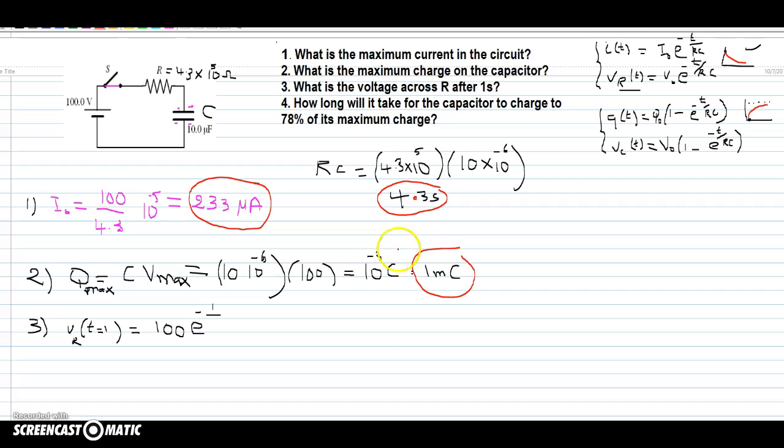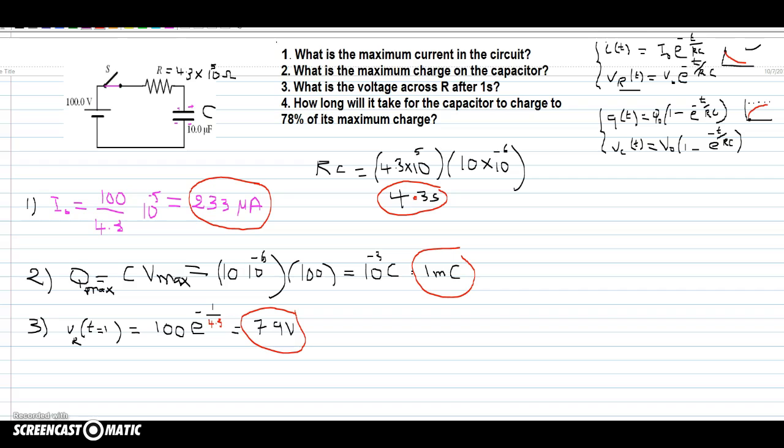All right. Now, so I'm going to put here 4.3, the RC time. Now, the rest is easy. Just put this in your calculator. And I find almost 79 volt. You see, it is less than 100. The voltage has decreased. And if I wait longer, 2 seconds, 3 seconds, after all, it will vanish to zero. So pay attention. Here, when you charge, the current and the voltage decrease and decay exponentially.